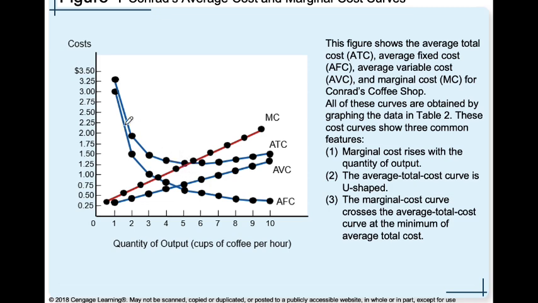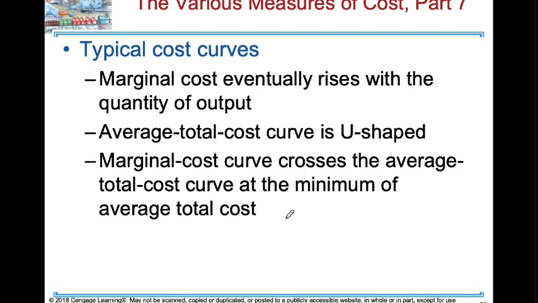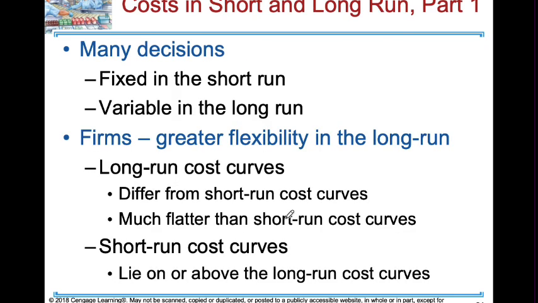And in this case, the efficient scale basically says that the firm should be producing 5, because that's where the marginal cost is equal to the average total cost. So the firm should be producing 5 cups of coffee. So this we've talked about.